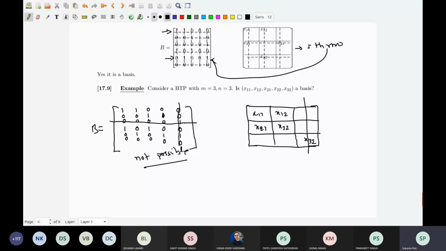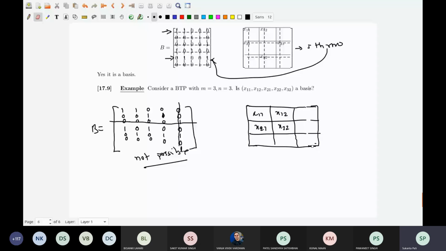I am getting troubled about why I have written x32 and it does not appear there. You should have said this is x33's place. x32 is here. So here, what you found is the third row.